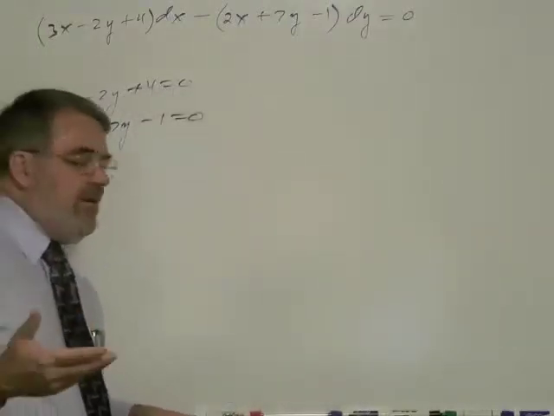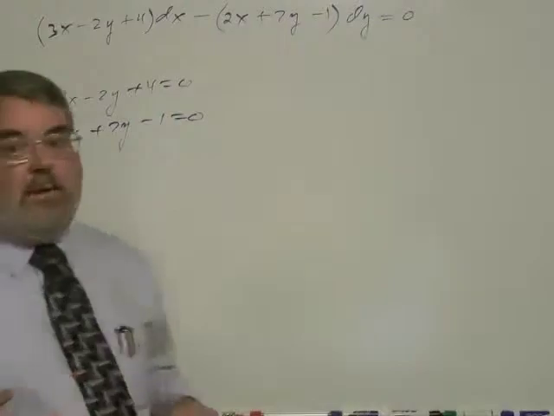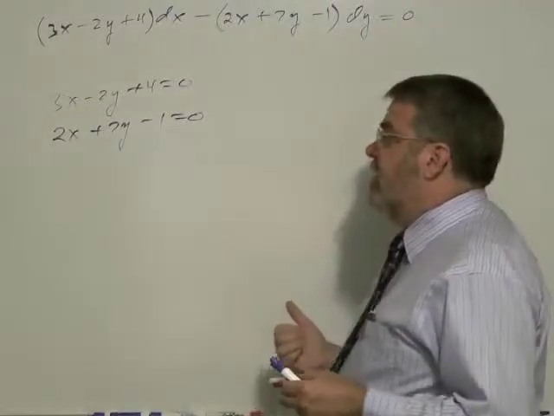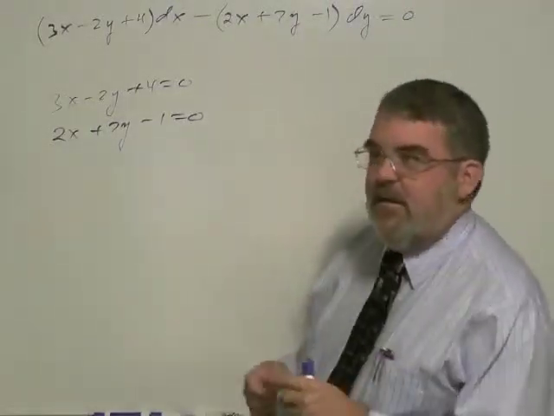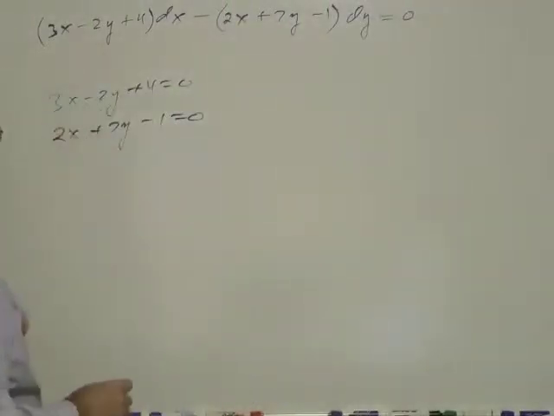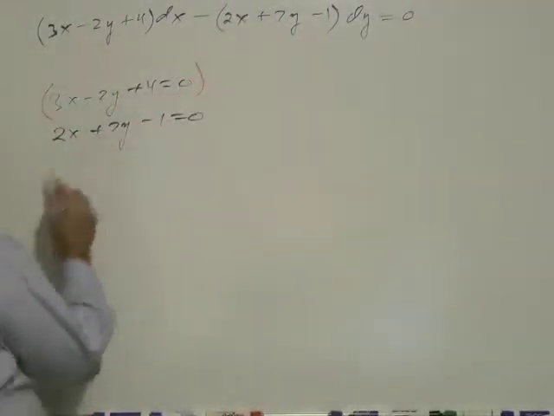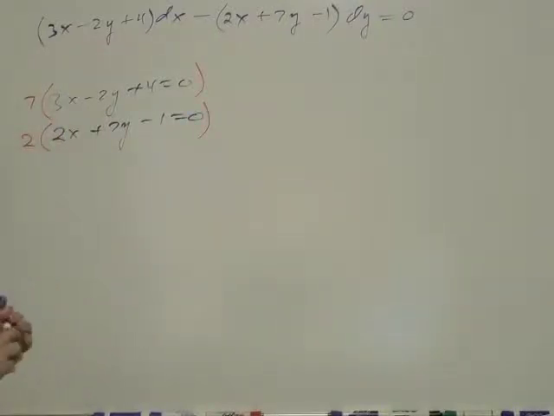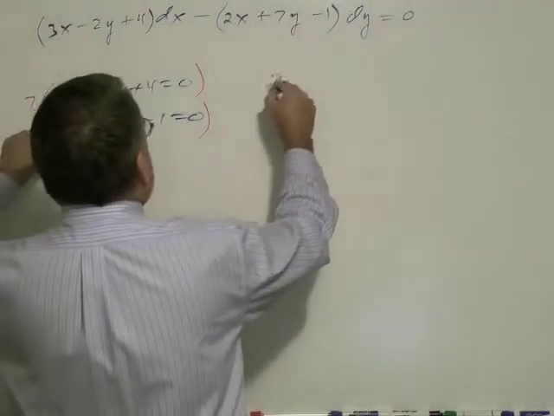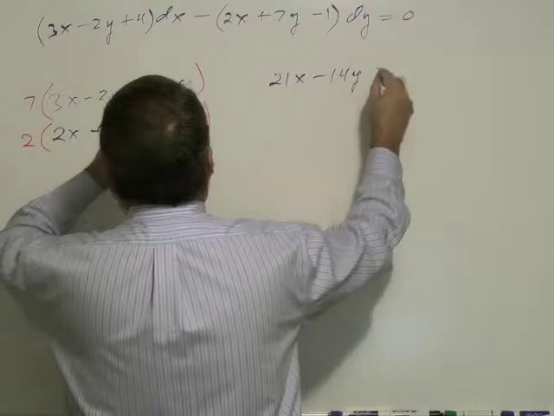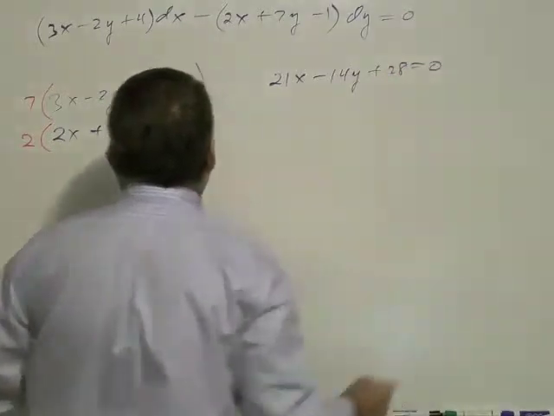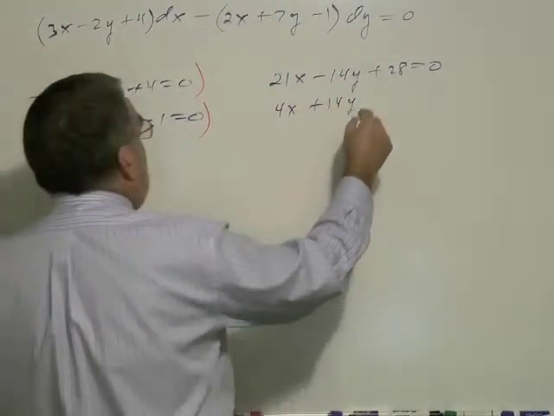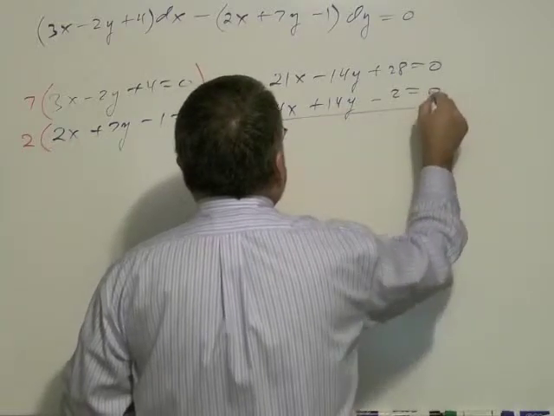Now, one of the standard techniques to solving a system of equations is to find a way to eliminate one of the variables. There are a lot of ways to solve a linear system of equations, but I'll do probably the easiest and most popular. Let's suppose we want to eliminate y. If I multiply the top equation by 7 and the bottom one by 2, see what happens here. I'll get 21x minus 14y plus 28 equals 0. The second equation will be 4x plus 14y minus 2 equals 0.